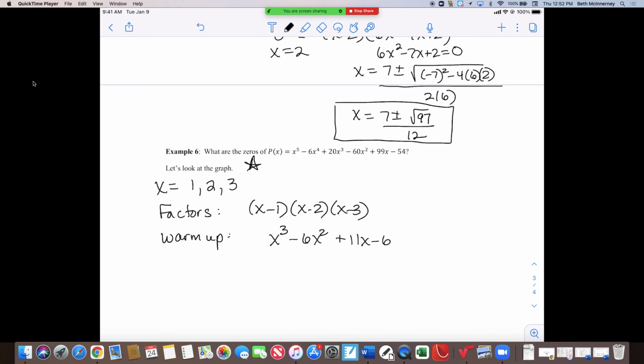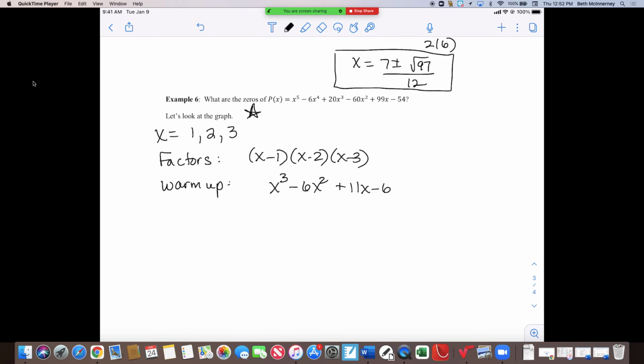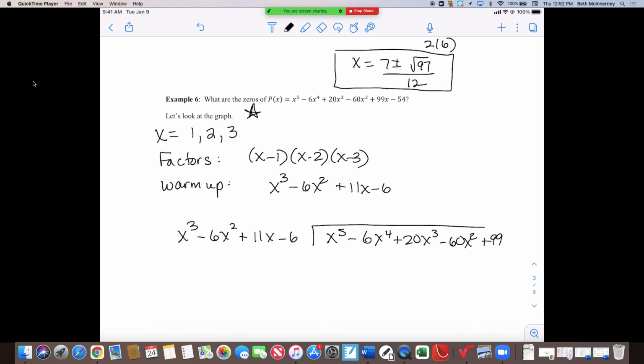So guess what? If I want to find the other zeros, I could do polynomial long division to take this down from a quintic in x to the 5th. Now, what's an x to the 5th divided by an x to the 3rd?